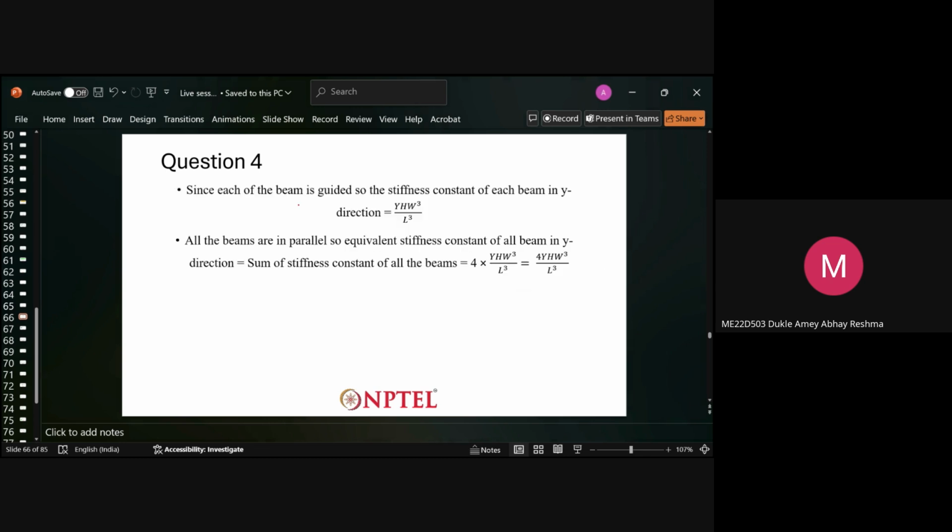So here you have to go with the moment of inertia. In this case, the formula will be based on the moment of inertia.